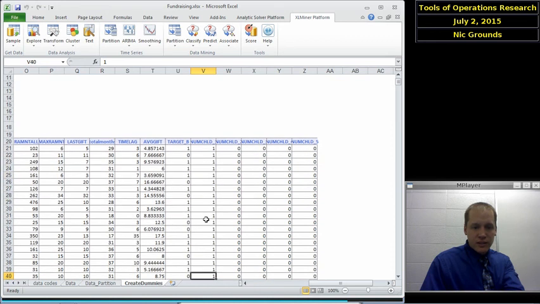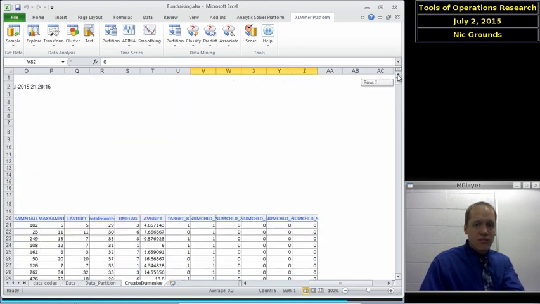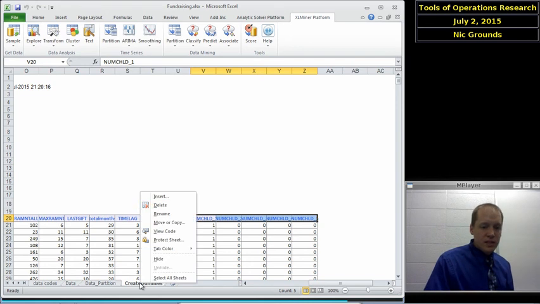Let's see if we can find one down here. There we go. So this particular record was somebody who didn't have 1 child, didn't have 2 children, they had 3 children, not 4, not 5. So again, we just created dummy variables for every possible category, even though technically that field was already numeric. Okay, but that's how you could transform something.